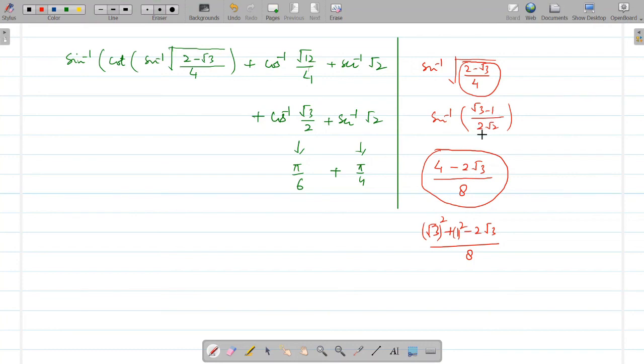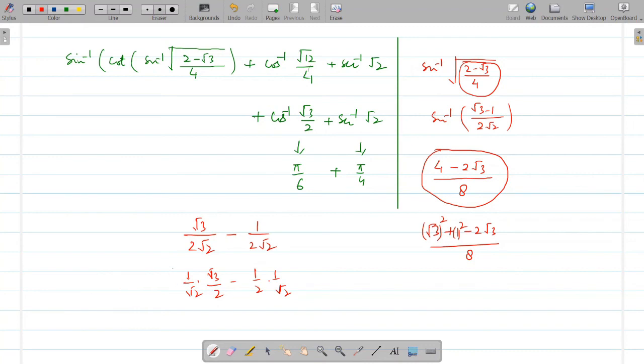So root 3 minus 1 upon 2 root 2, and we know this is the value of this sine inverse. This 2 root 3 means you can write it as root 3 upon 2 root 2 minus 1 upon 2 root 2, and that you can write as 1 upon root 2 into root 3 by 2 minus 1 upon 2 into 1 by root 2.